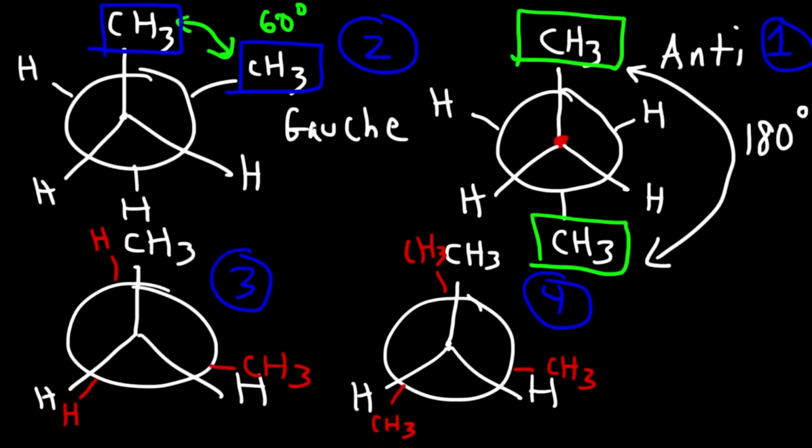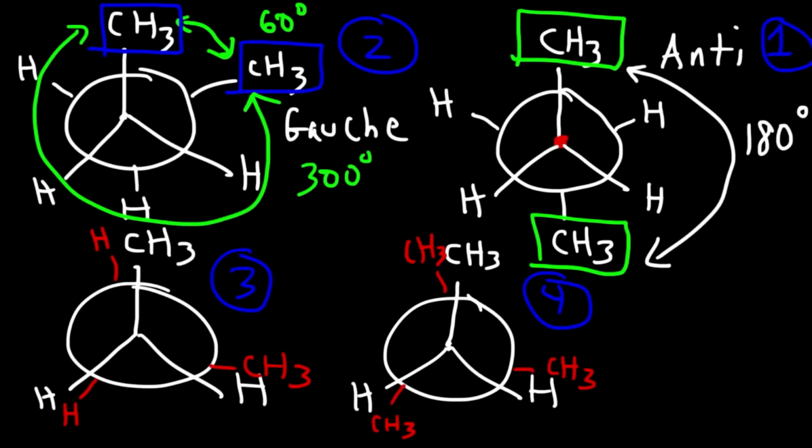Now let's go over the angles for each one. So going back to the gauche conformation, if you notice, the angle between the methyl groups is 60 degrees, or if you go in the other direction, it's 300. So there are two angles that correspond to this conformation, 60 and 300.